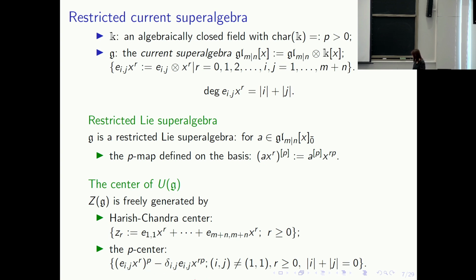If i equals j, the corresponding p-center elements are also called diagonal p-center elements. Otherwise, if i is not equal to j, we call these p-center elements off-diagonal p-center elements.